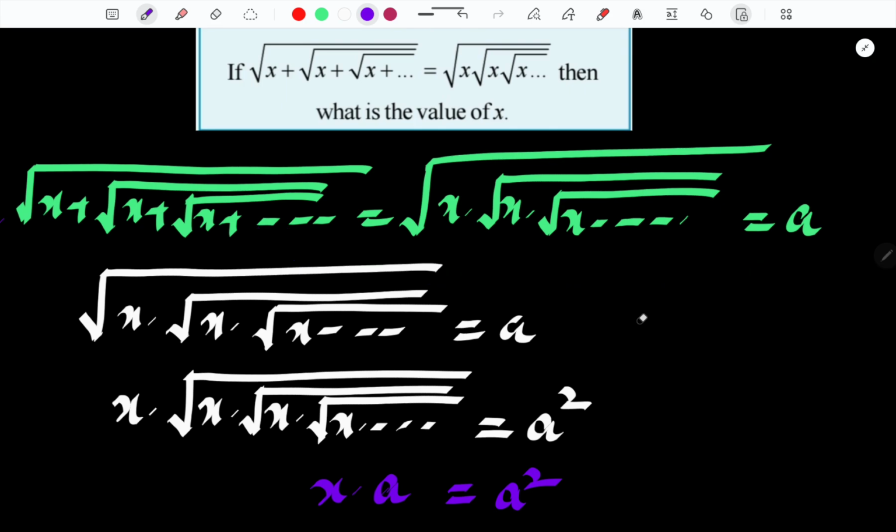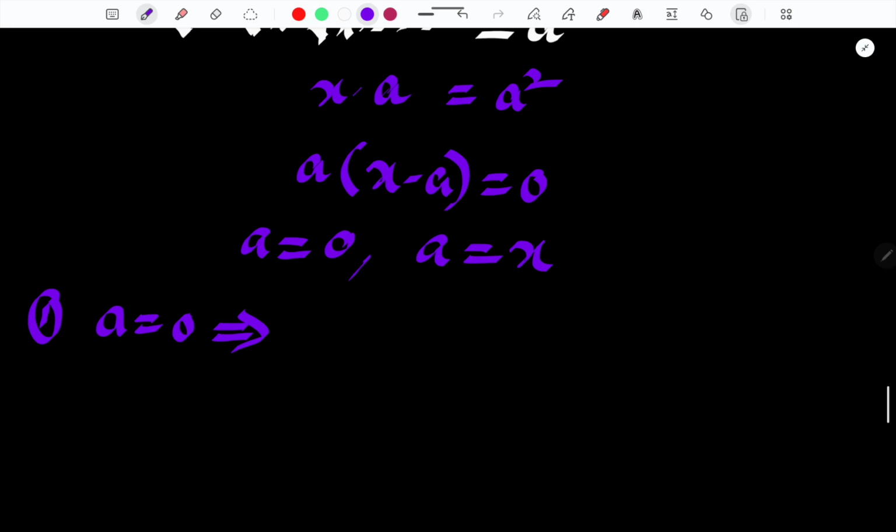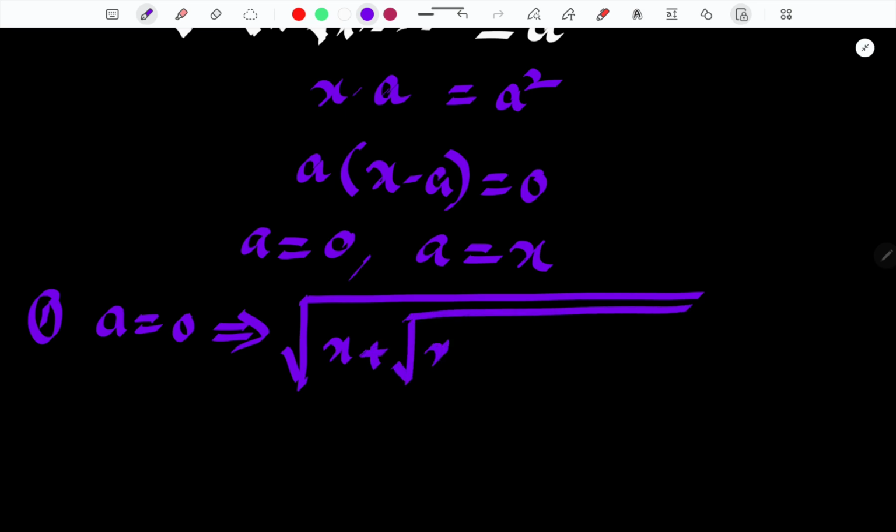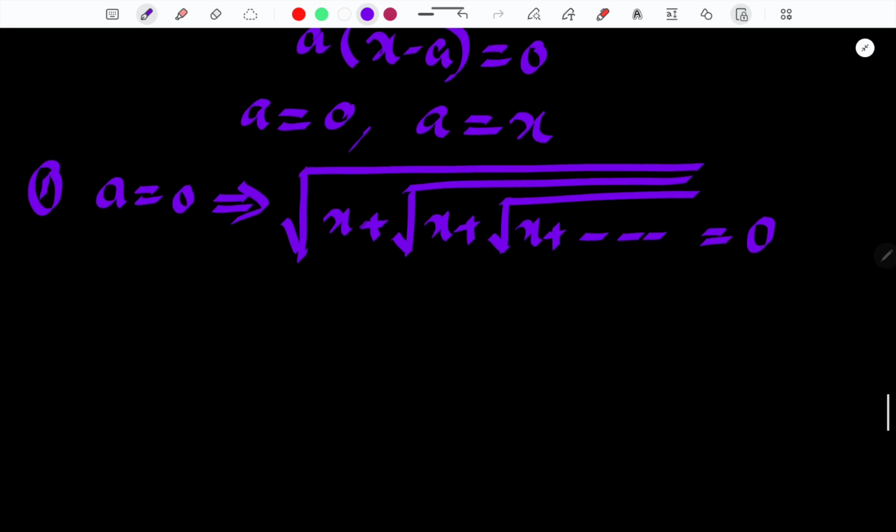Therefore root of x into x plus root of x plus root of x plus root of x plus and so on up to infinity. This one we have as a from the first step. So this a value we are taking 0, therefore let me write here 0, and do squaring on both sides.